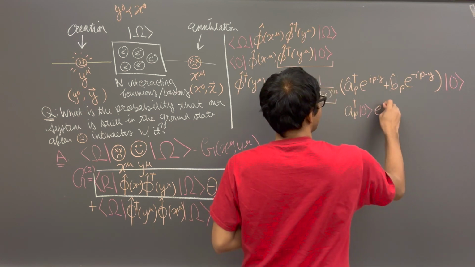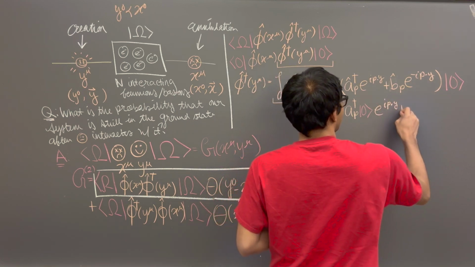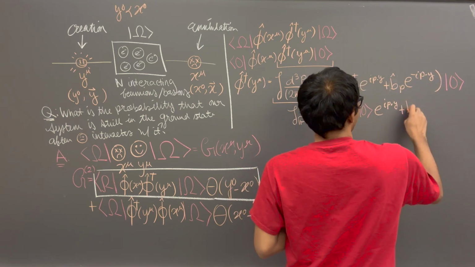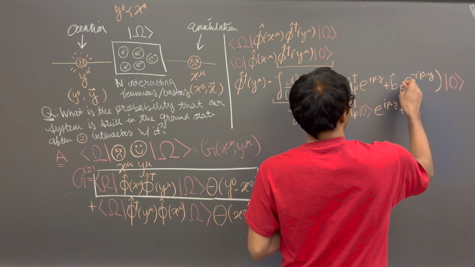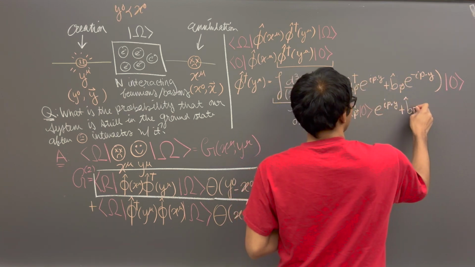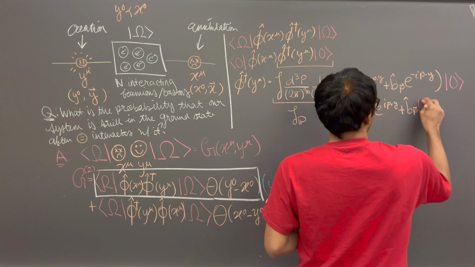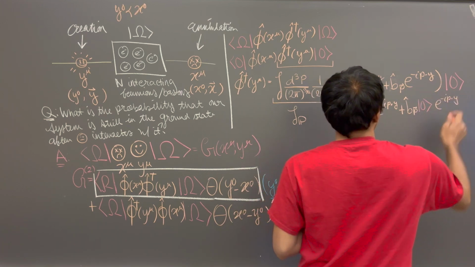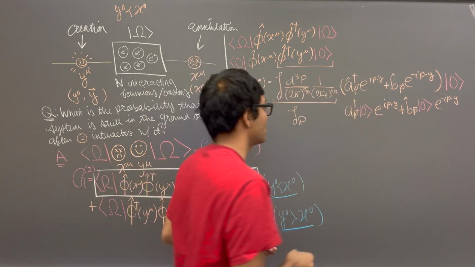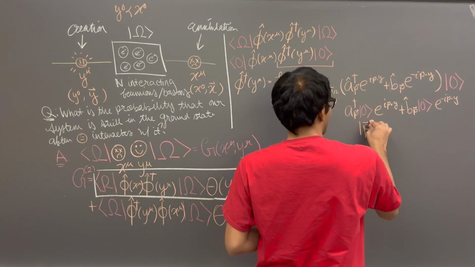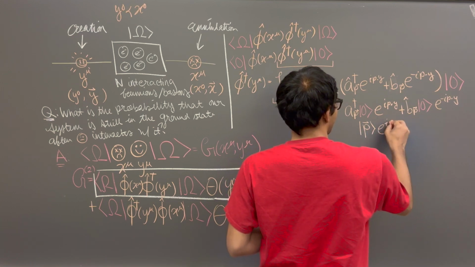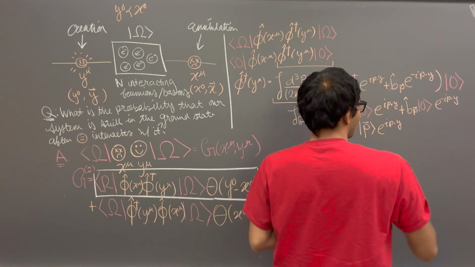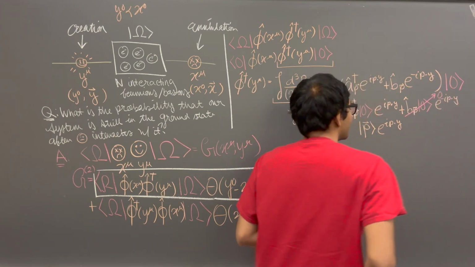And we've got e to the I p dot y plus b p, and these are all vector quantities, b p acting on 0 and e to the minus I p dot y. Now this is of course a creation operator. It's going to create a particle of a definite momentum state ket p, e to the I p dot y. But this, on the other hand, is an annihilation operator, and it's going to annihilate this state, giving us 0.